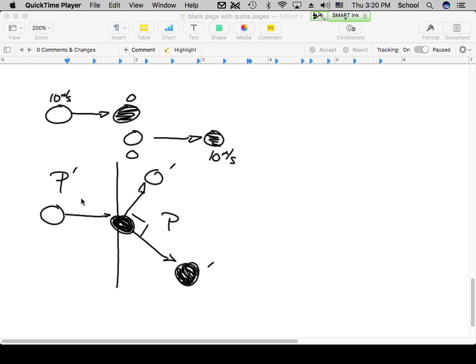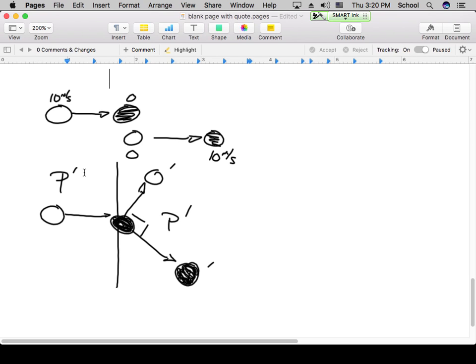The momentum before has to equal the momentum afterwards, but before it's all in the cue ball, afterwards we have 2 balls. So if I take the cue ball prime and I head to tail it with the 8 ball prime, that should equal what the cue ball was beforehand.